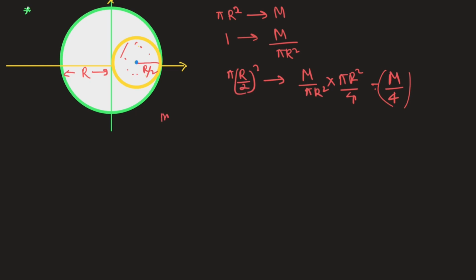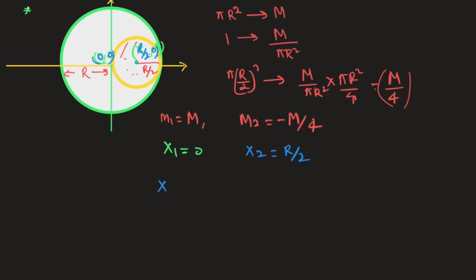Now m1 is M, but m2 is minus M by 4. Why minus? Because we are removing this mass from here. X1 is 0, this coordinate is 0 comma 0, and this coordinate will be r by 2 comma 0. So x1 is 0 and x2 is r by 2.